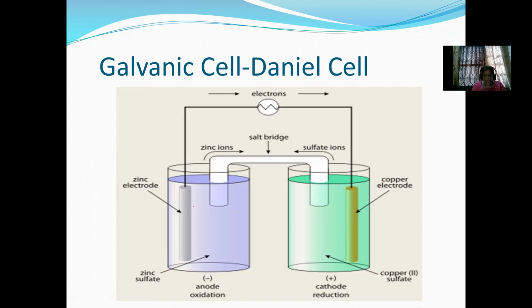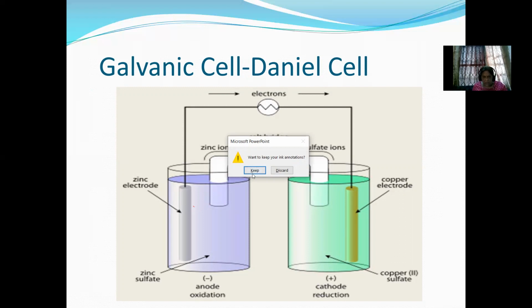Since you have taken two different metals, two different electrodes, the potential developed at the two electrodes will always be different, and that is why in a galvanic cell we take two different metals.